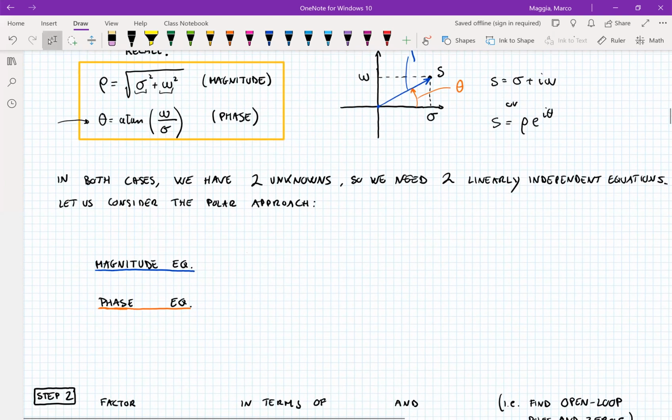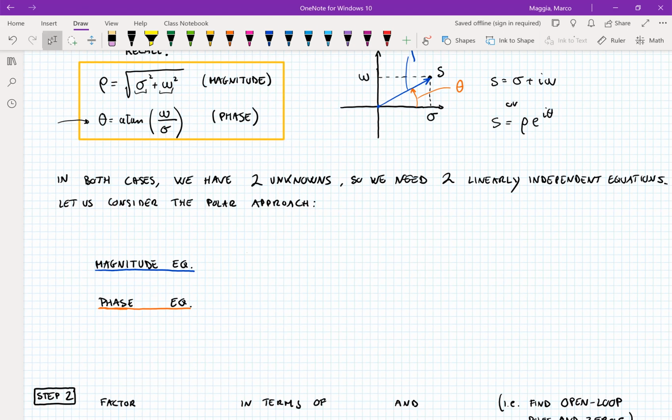So anyhow, whether you choose the Cartesian approach or the polar approach, you still have two unknowns to determine. And having two unknowns, we need two linearly independent equations.